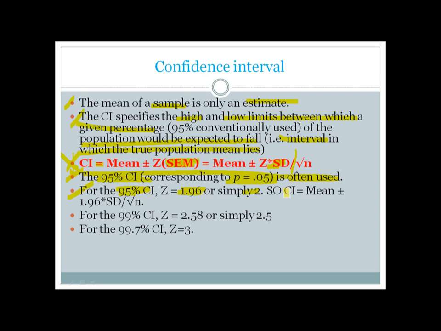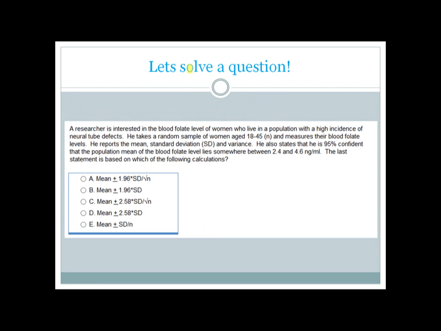So 95% confidence interval is equal to mean plus minus 1.96 multiplied by standard deviation divided by root over number of the population. For 99% confidence interval, the z-score is taken at 2.58 or simply 2.5, and for the 99.7% confidence interval, the z-score is 3. And let's solve a question by using this concept.